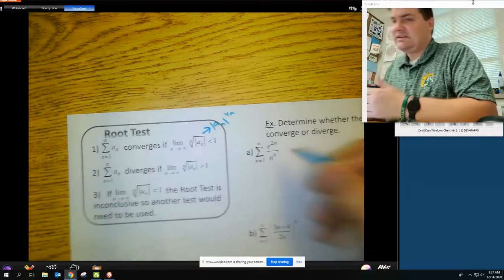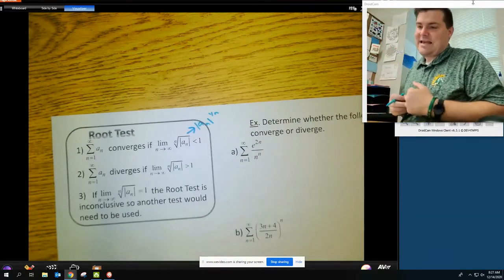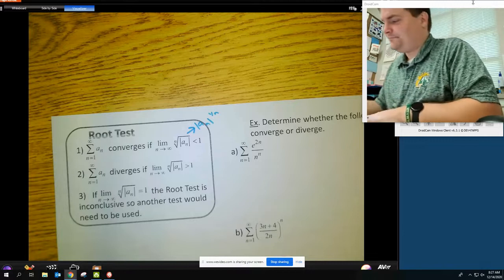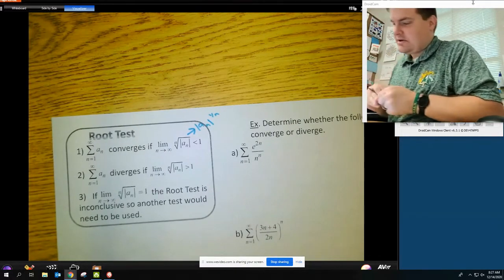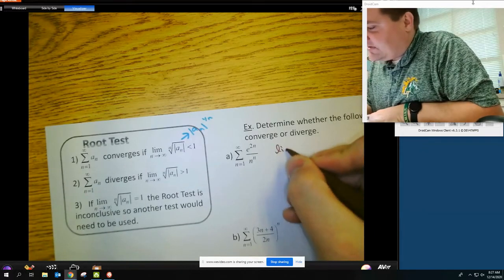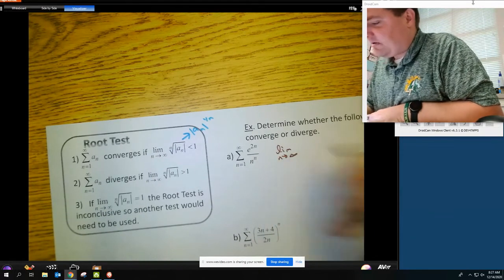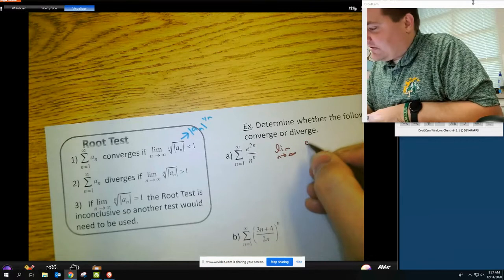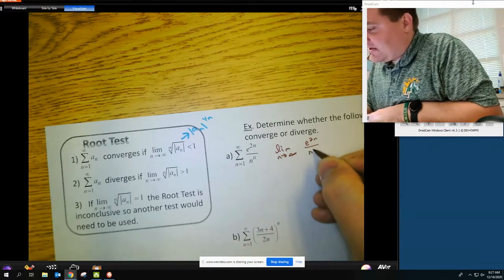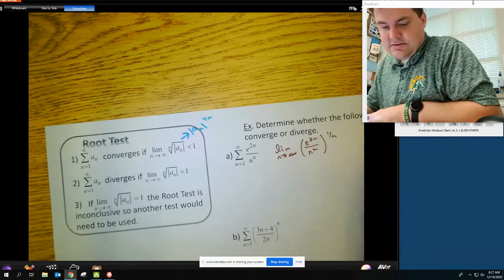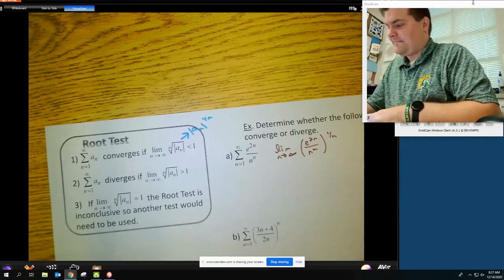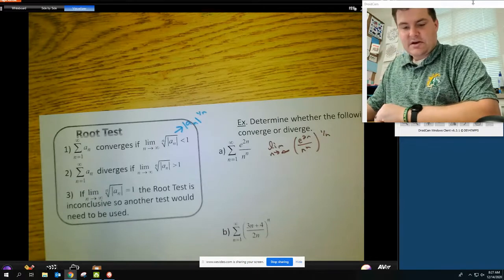So you see how these have powers of n's? Yeah, it's root test time. So let's go ahead and do this as the limit as n approaches infinity of (e^(2n) over n^n) to the 1 over n. Okay, so that's exactly what we're going to do here.